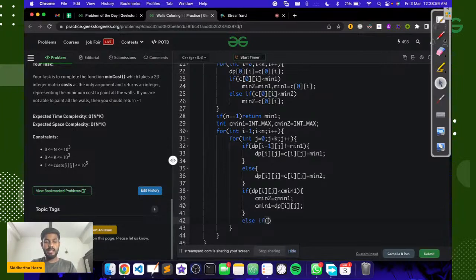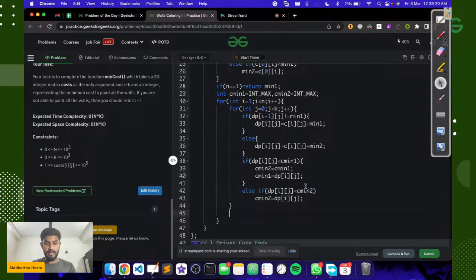Else if dp of i, j is less than c min 2, then c min 2 is equal to dp of i, j itself. This is the scenario.